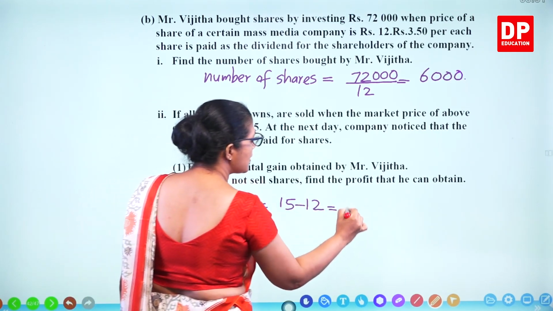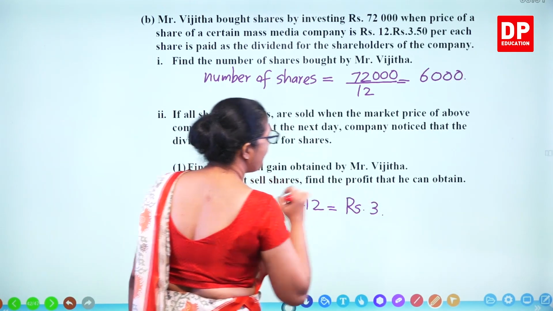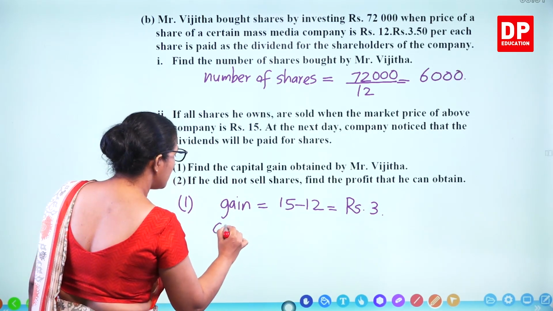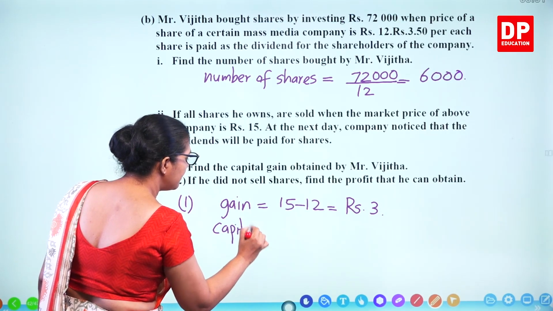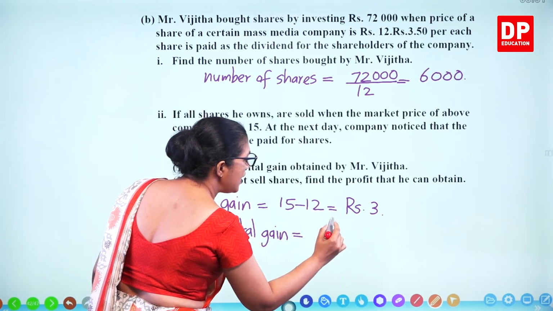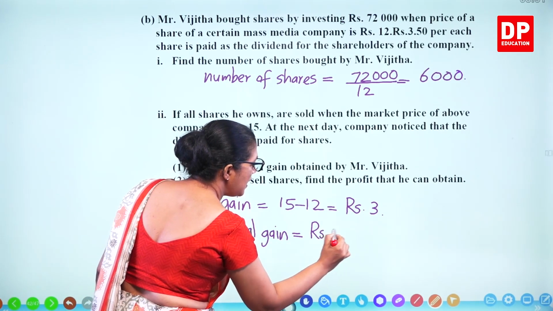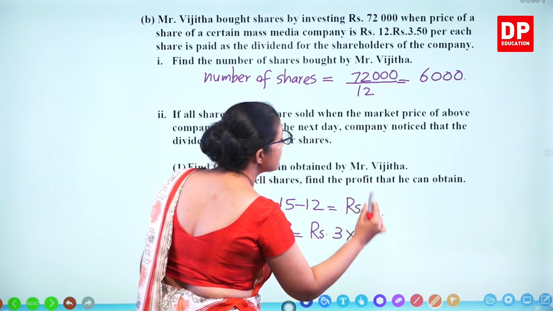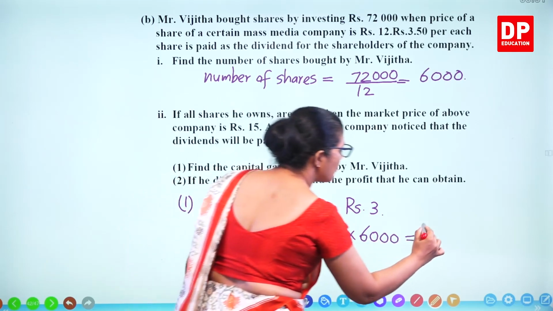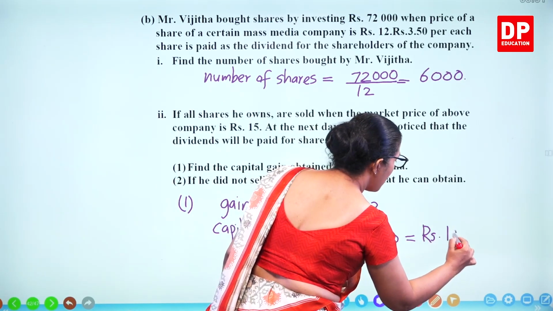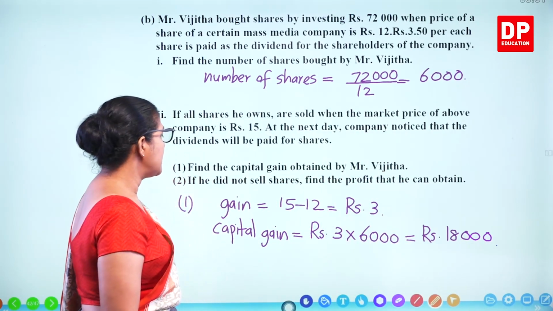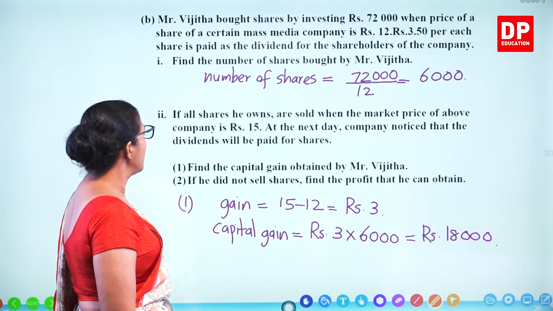That's 3 rupees from each share. And we need capital gain. So how do we find capital gain? 3 rupees from each share and there are 6,000 shares. So you get 18,000 rupees as the capital gain.